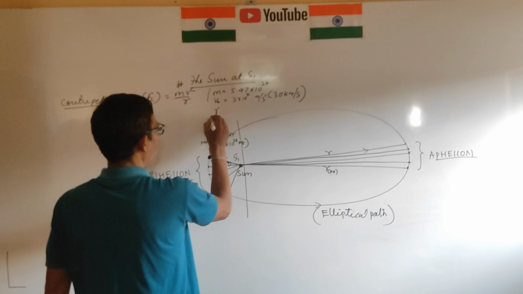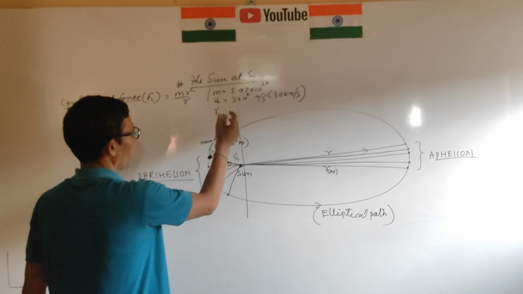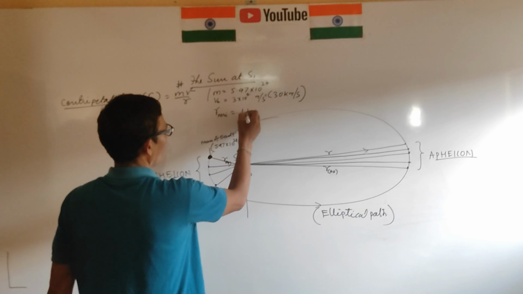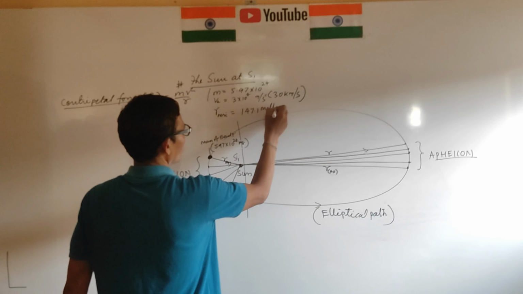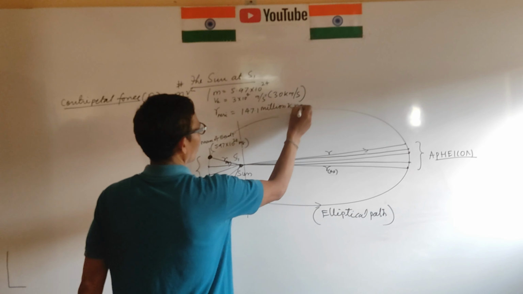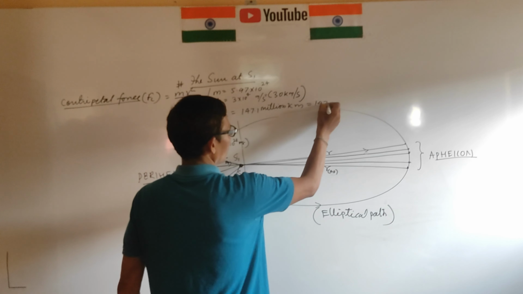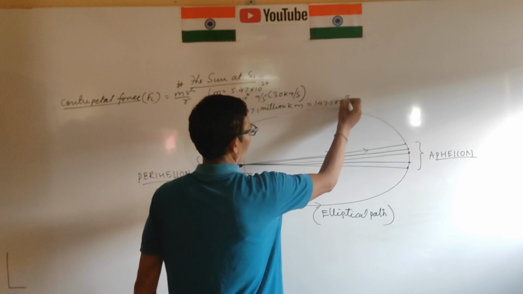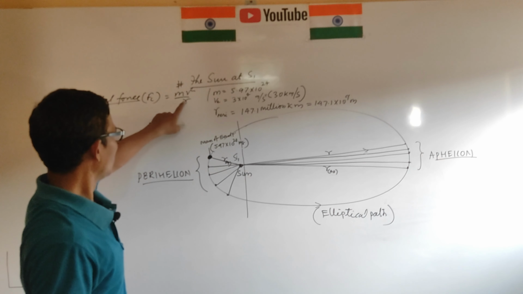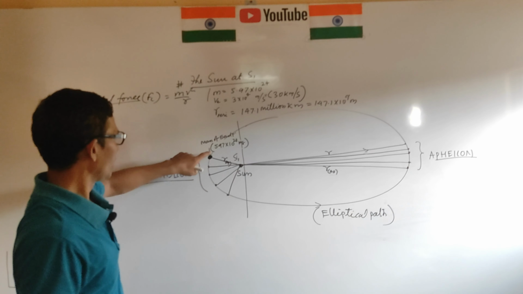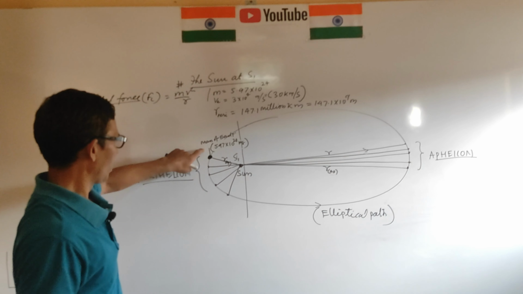This is perihelion R peri, which is 147.1 million kilometer, and converted into meter, that is 147.1 into 10 to the power 9 meter. When we put this value in this equation, then we find the centripetal force in the perihelion region.